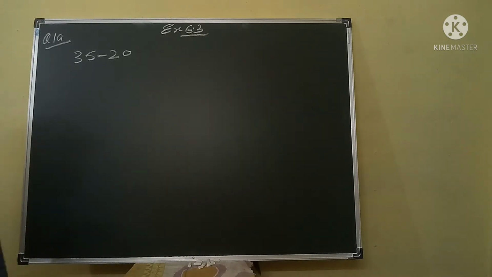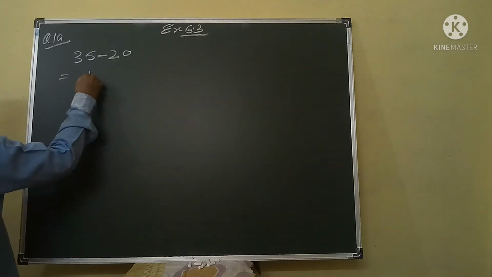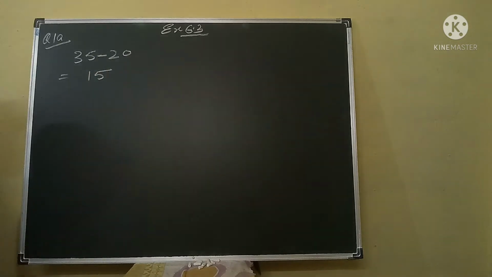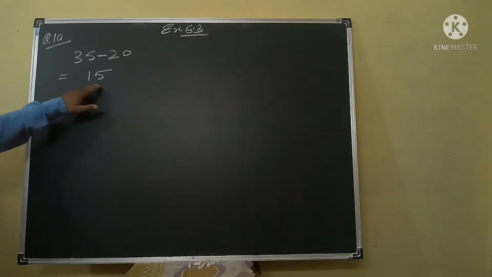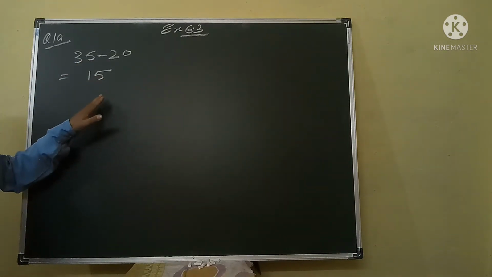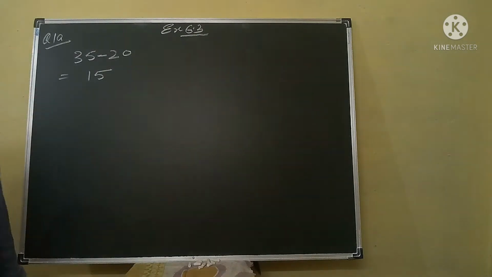I hope that all are familiar with subtraction. And 35 minus 20 will give you 15. We have already discussed it in the basic point. 15 is the required answer. Okay.